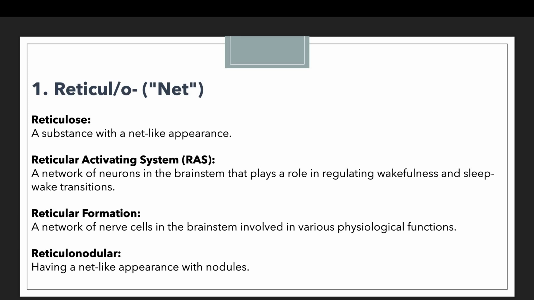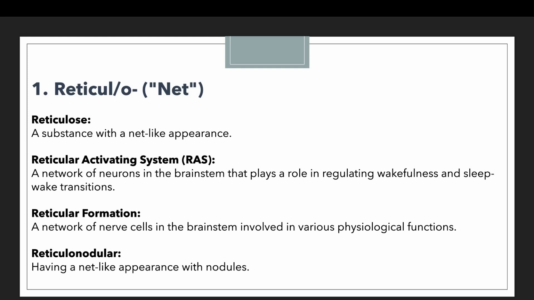It is a network of nerve cells in the brainstem involved in various physiological functions. So again, to showcase something as a network-like structure or a net-like appearance, we are using the prefix reticulo. The actual terminology is reticular formation and the prefix is reticulo.